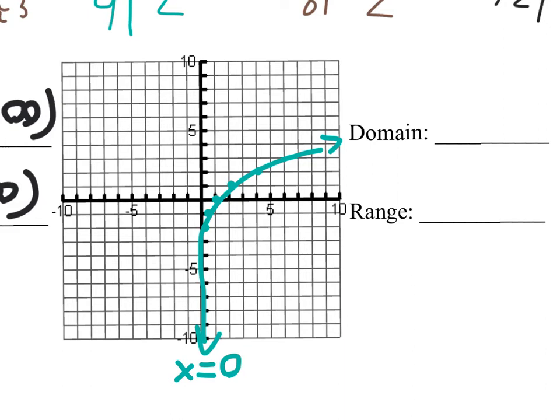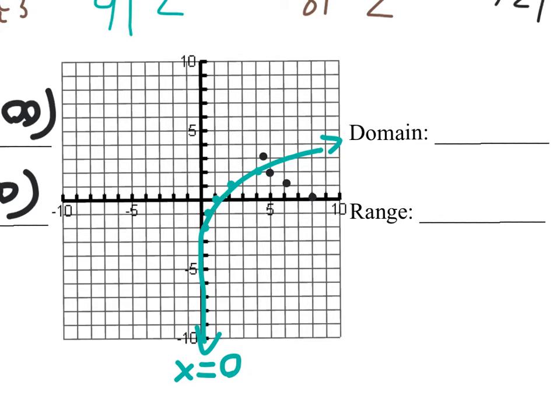Now, let's take a look at our new function. Our first point, 4.5 and 3. So x equals 4.5, 1, 2, 3. X equals 5, it's going to give us 2. X equals 6, 1. X equals 8, 0.